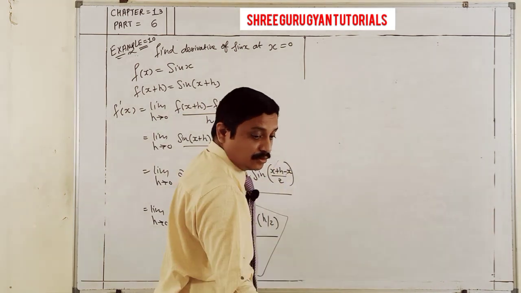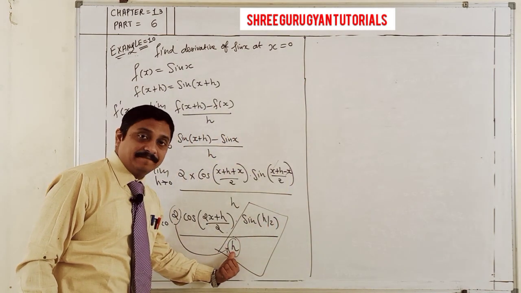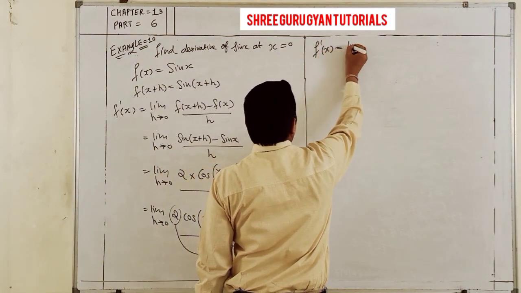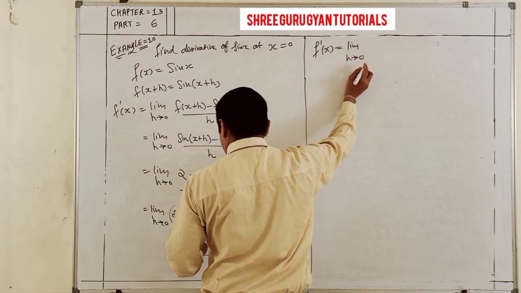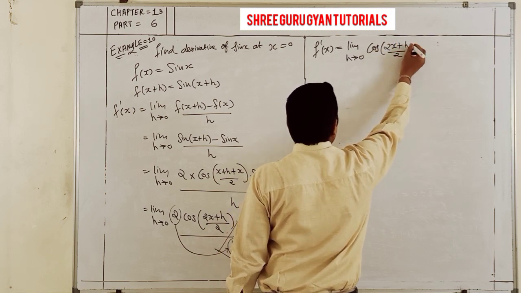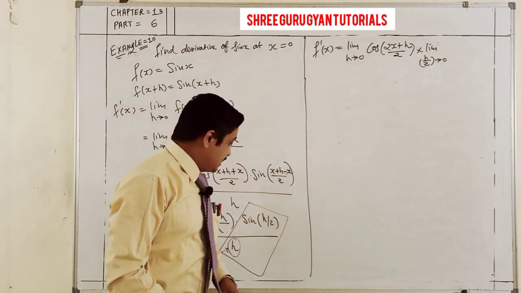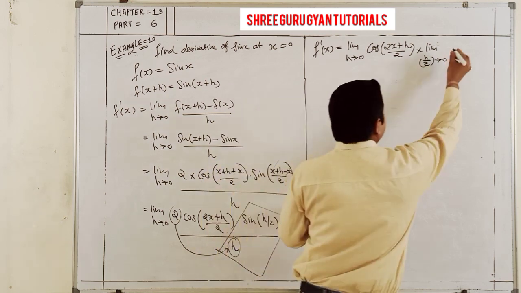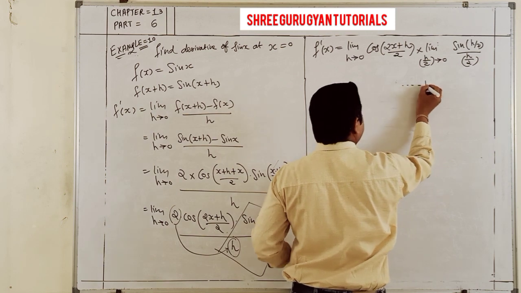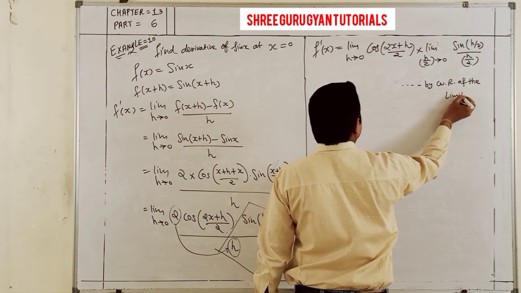So now I continue with further calculations. Again I repeat, this 2 is divided and arranged with sin(h/2). So f'(x) is the limit as h tends to 0 of cos((2x + h)/2), and the other working rule is the same: h/2 tends to 0, and sin(h/2) upon h/2 goes by the working rule of limits.